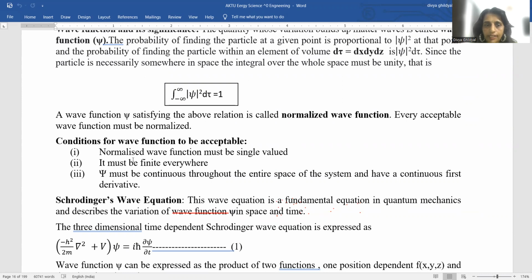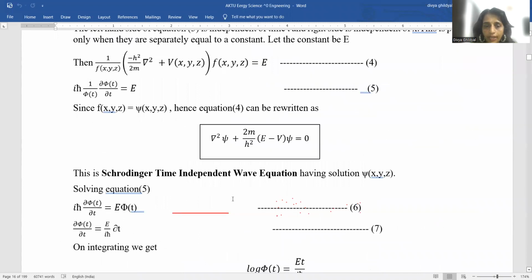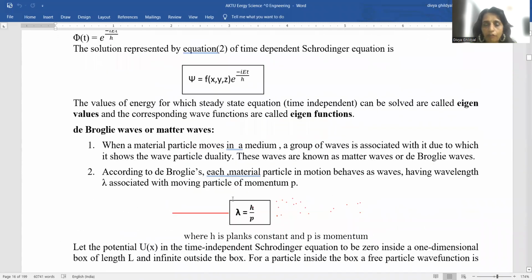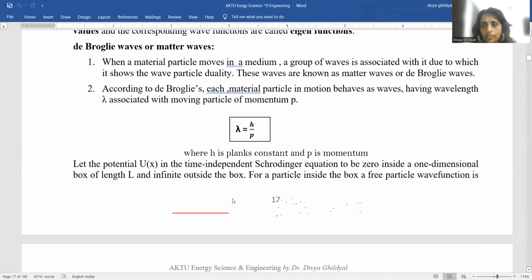It should be normalized, it should be single valued, it should be finite, it should be continuous and have a continuous first derivative. Then I go on to write this matter wave in the form of an equation so that I can utilize it to solve a problem.